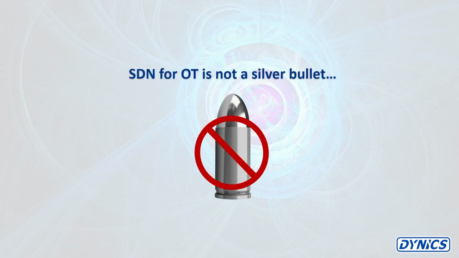SDN is not a silver bullet. It does not solve all problems of all things. What it does is lay a tremendous foundation at the network fabric layer that you can build upon to mitigate those risks that you are concerned with, right? Everybody knows that the amount of security you need depends on the amount of risk you're willing to live with.